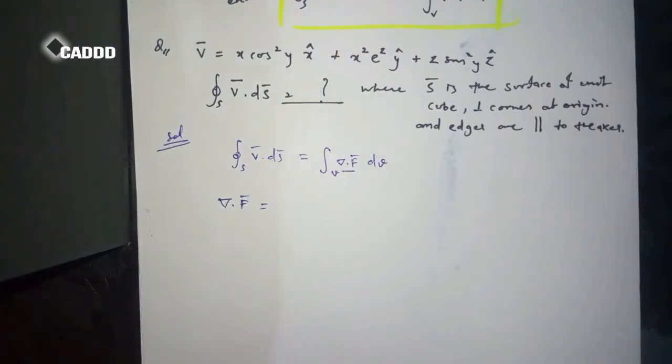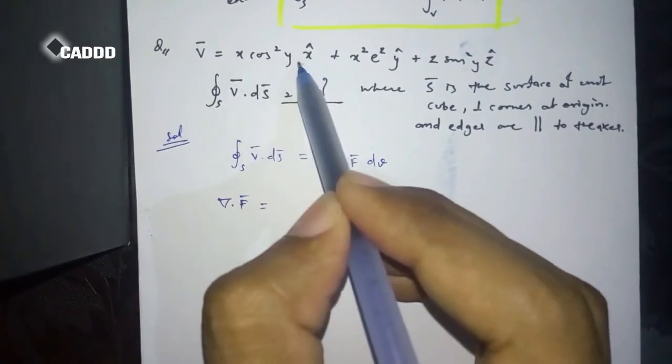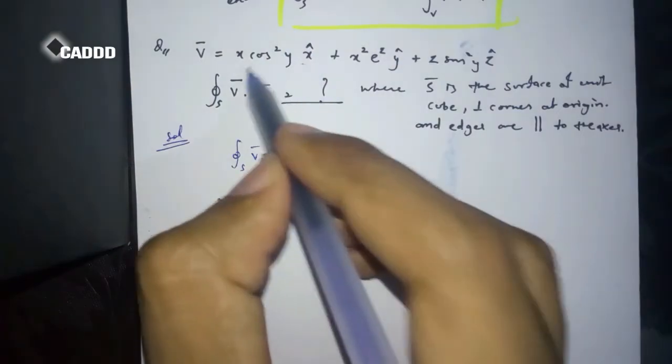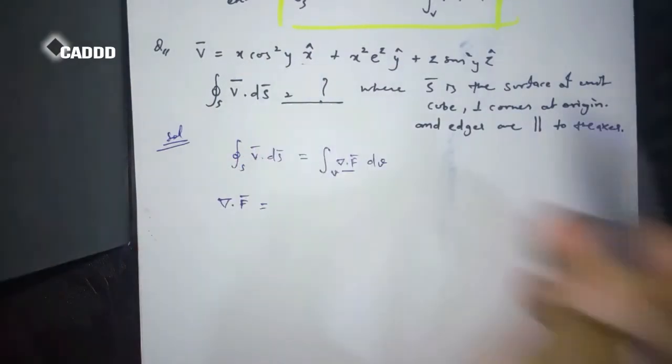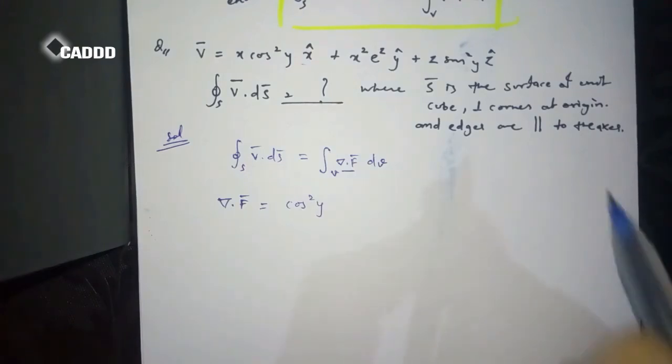The formula for divergence of a field is discussed in last classes. I hope you all know how to calculate the divergence of a field. The component of the field in x direction that should be differentiated by x. Okay, so we have to differentiate this thing by x. So that will be cos square y.